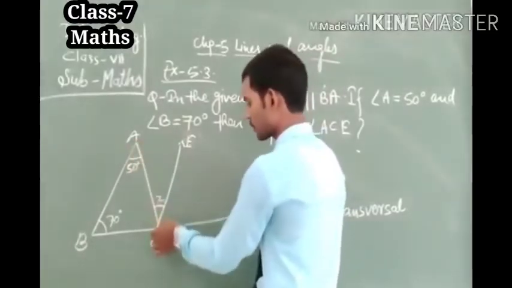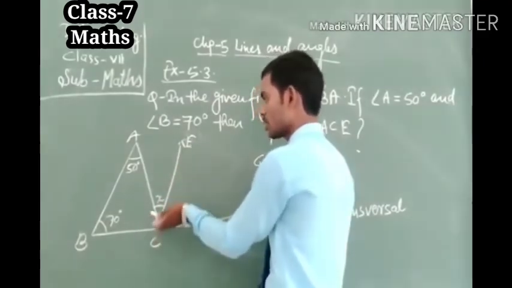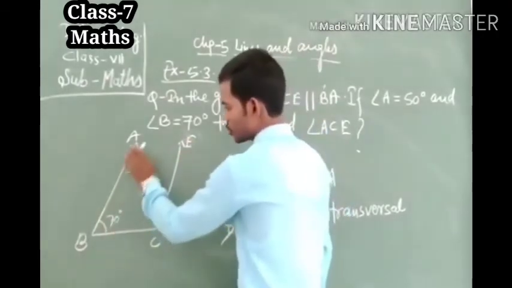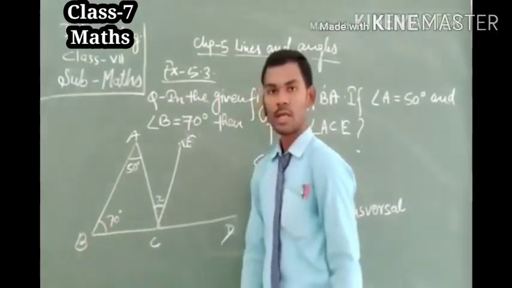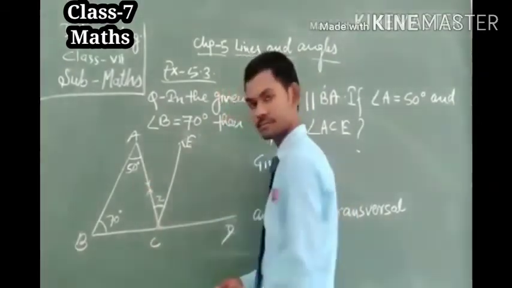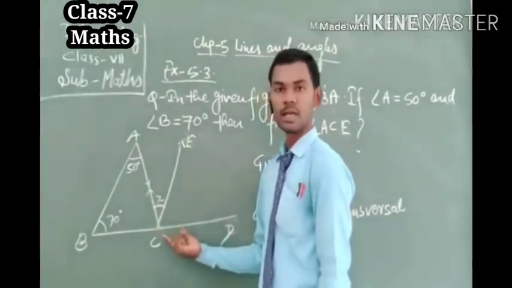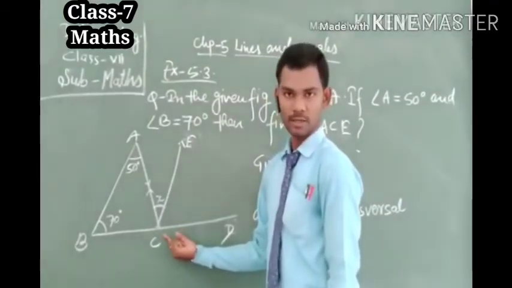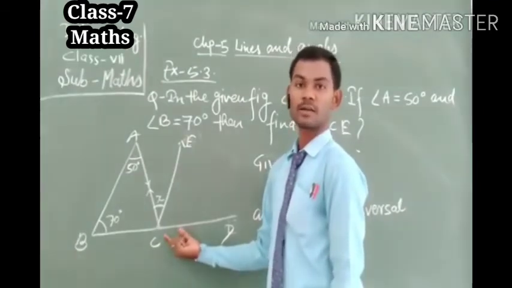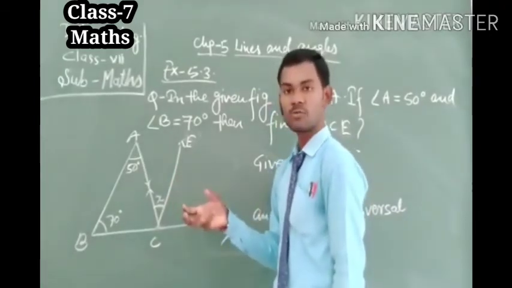AC is the transversal, and the line CE is on the upper side of the transversal and AB is on the downward side of the transversal, and the other arms are formed by the line AC. So we can see that angle A and angle C are alternate angles. And we know that if two angles are alternate angles, then their measures are always equal.